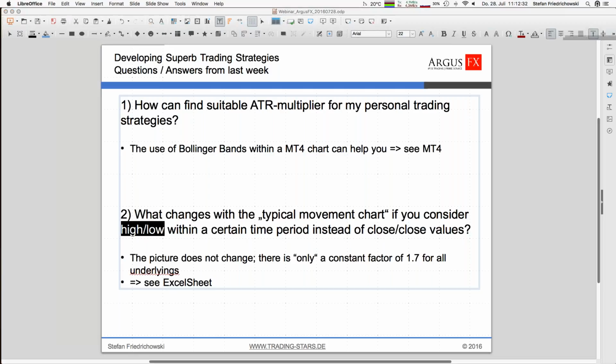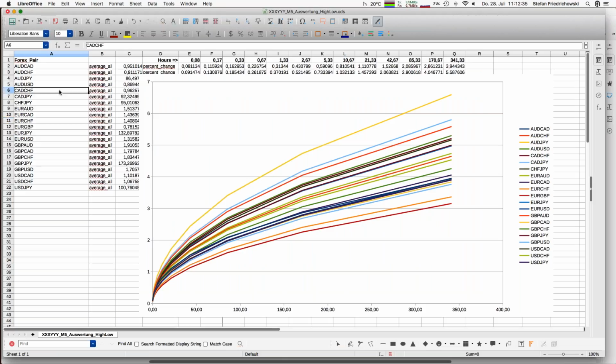And the result is simply this one. The first view for everybody would be, oh, it looks pretty much the same. But let's have a closer look. Once again, we see Australian dollar, Japanese yen being highest here, and the lowest, once again, Swiss franc against euro and British pound against euro.